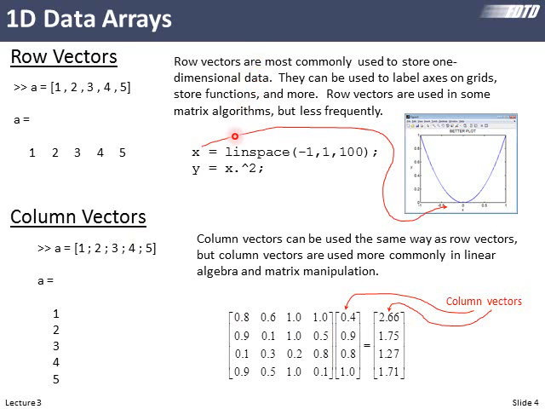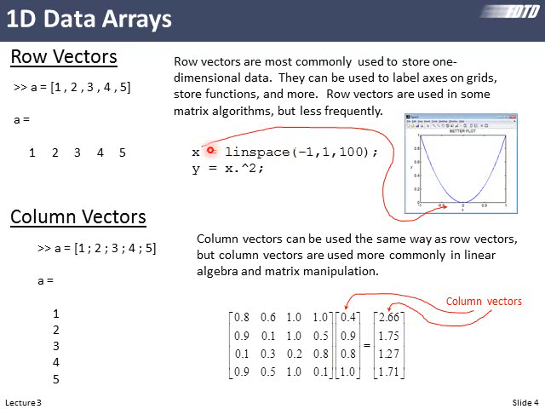So how do we create a row vector? How would we use it? Well, one way is to use a linspace command, or linear space. And this will create a string of numbers that starts at -1, ends at 1, and there'll be 100 different numbers in that array. So we'll always create something like this every time we want to plot graphics, and that will be our horizontal axis, the positions of all the points along the horizontal axis.